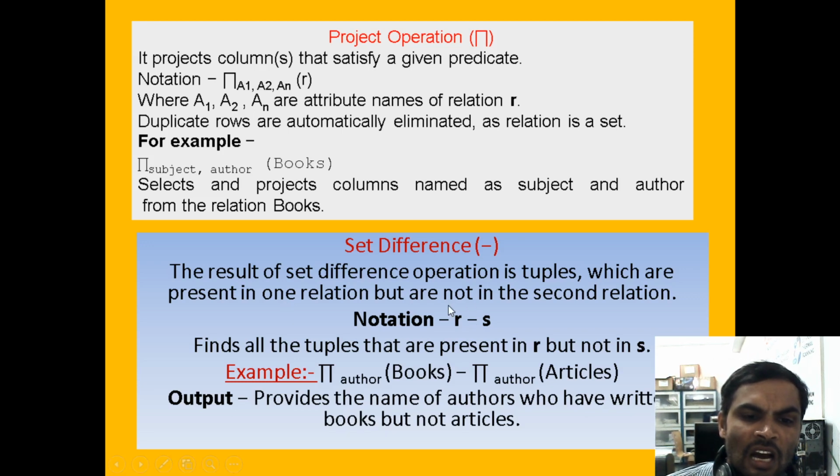Here we are projecting the author from the book table, then minus the author from the article table. From both the tables, book and article, we find whether the same authors are available or not. Provide the names of the authors who have written a book but not an article.